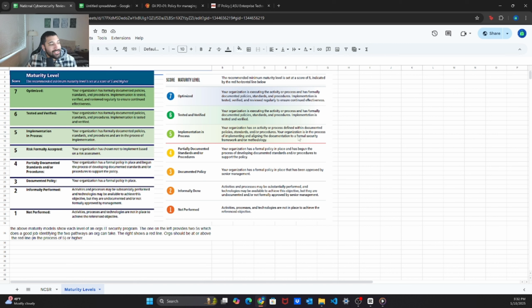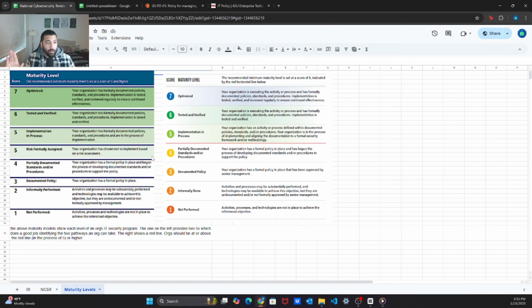Your organization is in the process of implementing and aligning the documentation, your policy standards and procedures, to a framework or methodology, whether it's NIST, CIS, ISO, whatever it is. You are aligning your IT security program's maturity, that's policy standards and procedures, to an actual framework, to NIST or to ISO, to whatever framework it is that you're trying to utilize. Okay, that's what 5 is saying.